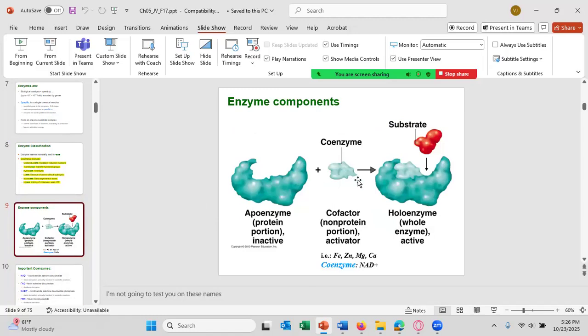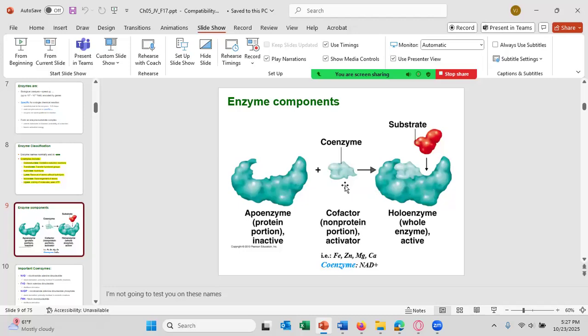And that coenzyme binds to the enzyme to make the final enzyme that can then bind to the substrate. You don't need to know the name apoenzyme. That's the enzyme before the coenzyme adds to it. And you don't need to know holoenzyme, the whole active enzyme, which is the enzyme plus the coenzyme.